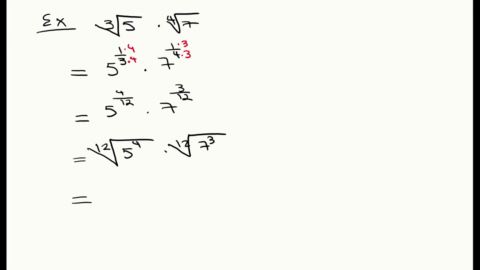And now, because we have the same index, we can go ahead and multiply under the radical. So we're going to end up with the 12th root of 5 to the 4 times 7 cubed.